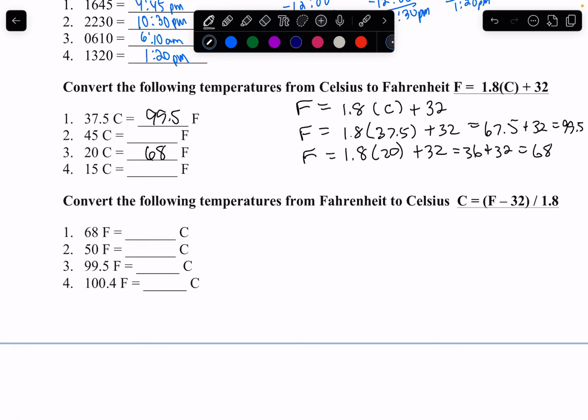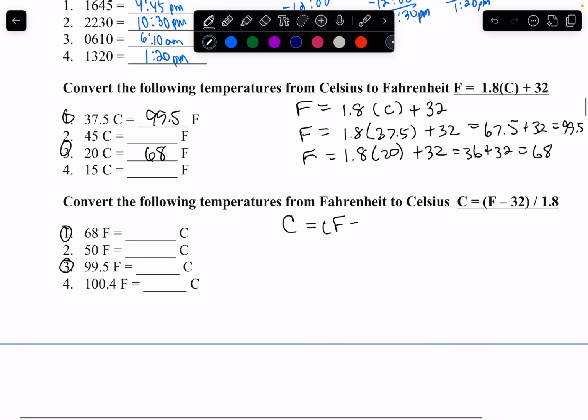Okay, now let's go backwards from Fahrenheit to Celsius. Why don't we do 3 and 1, just like we did up here. This time in our formula, you'll see that it says C equals.